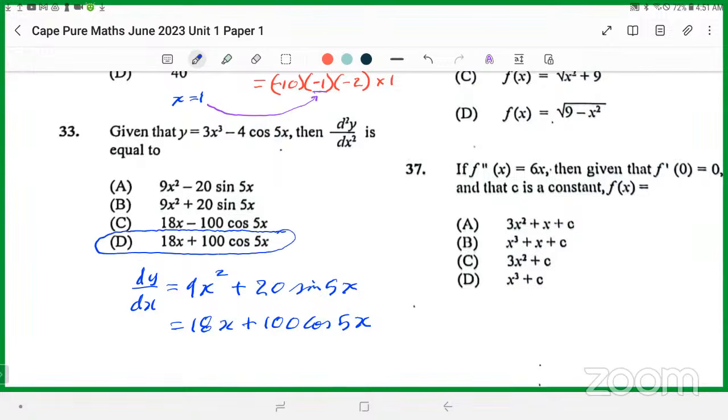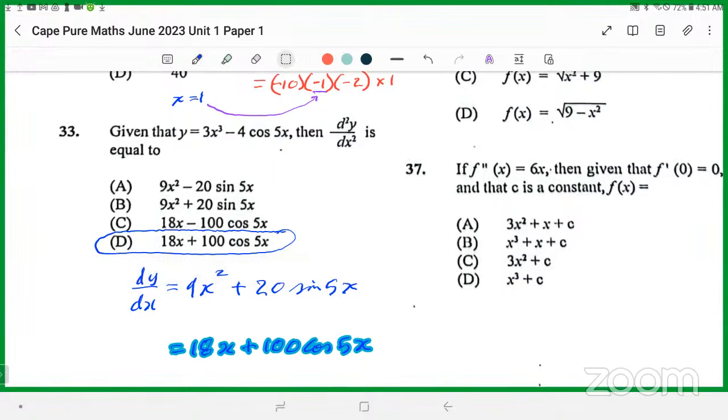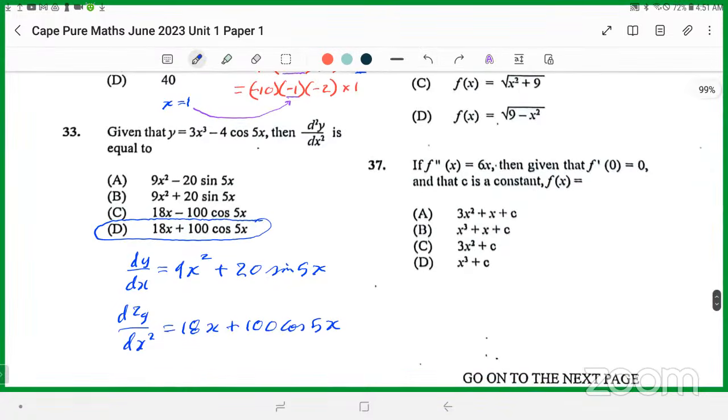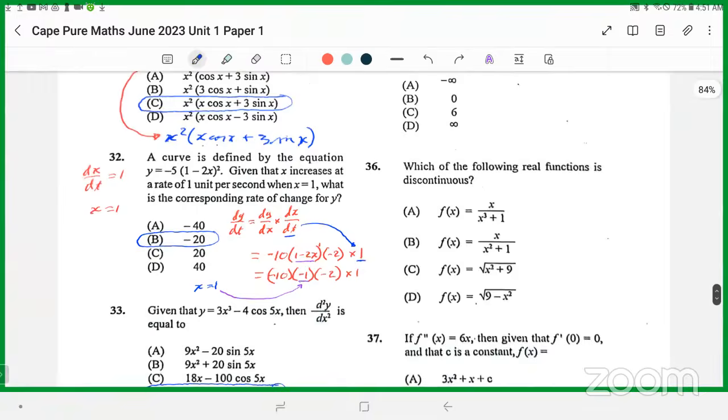Oh yeah, we did. So let me put this as my second derivative, d2y by dx squared. When I differentiate this again, I get that. That is it. Okay. Next part up here.